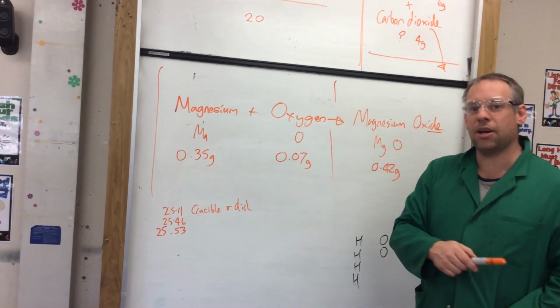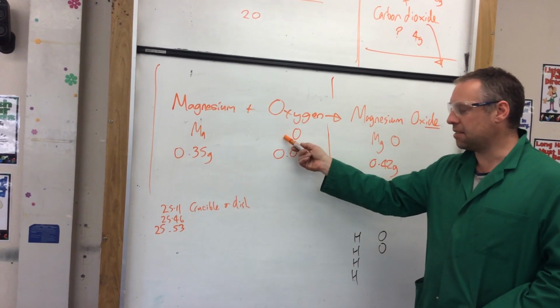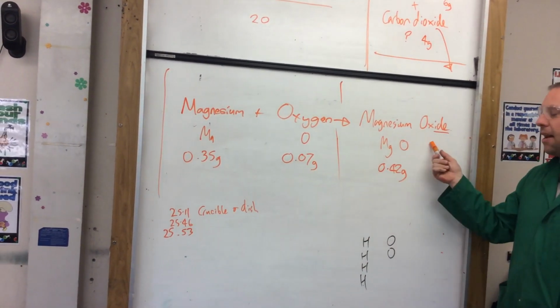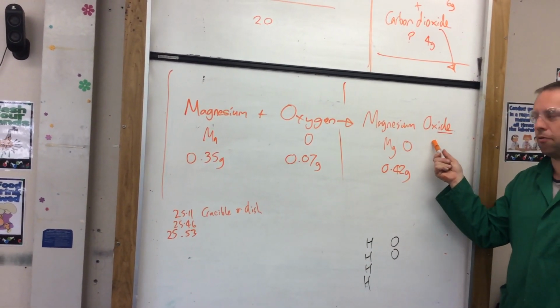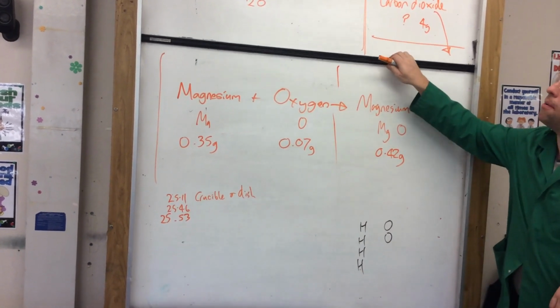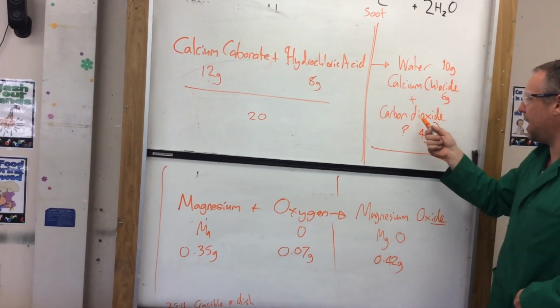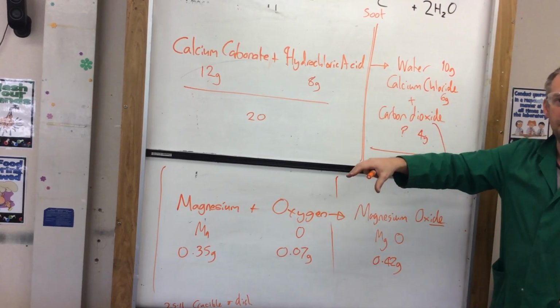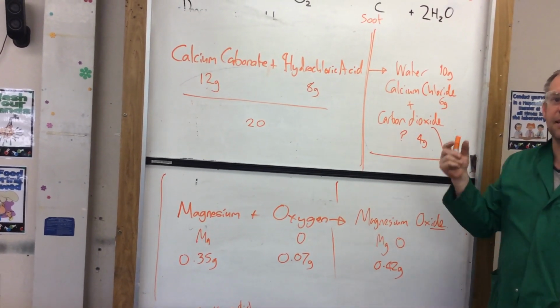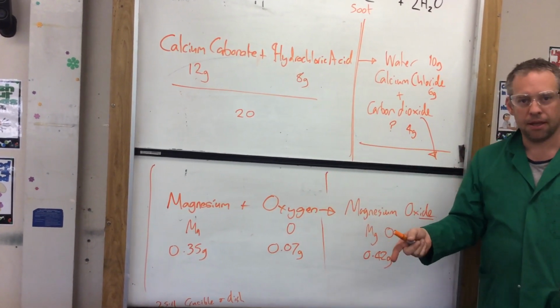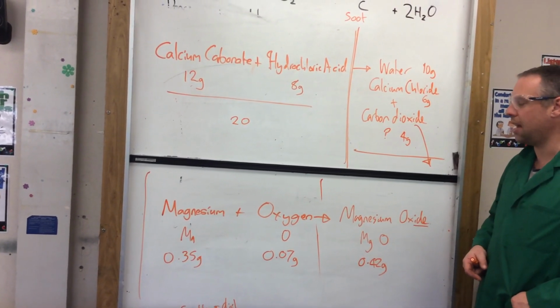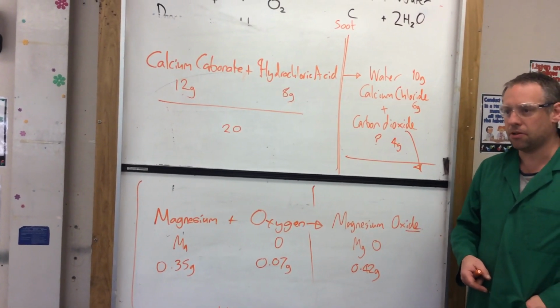If I'm reacting something with a gas, it's going to appear to gain mass because I'm adding something from the air. If I make something that produces a gas, it's going to appear to lose mass because that gas is going to go off into the air. And so that is something that you need to think about.